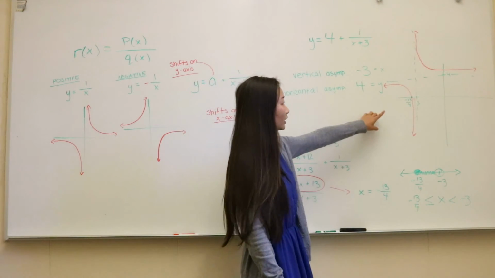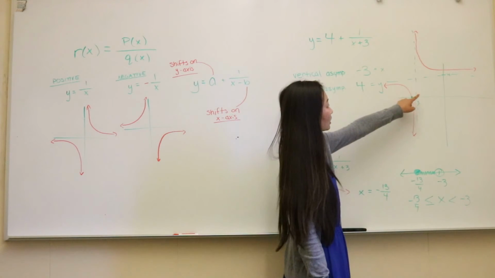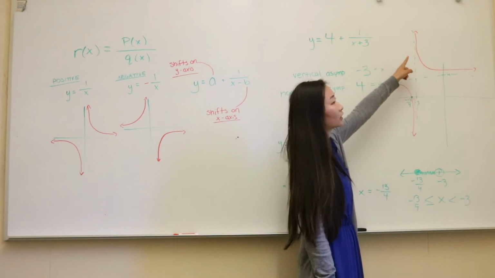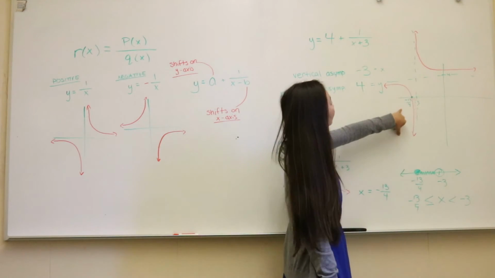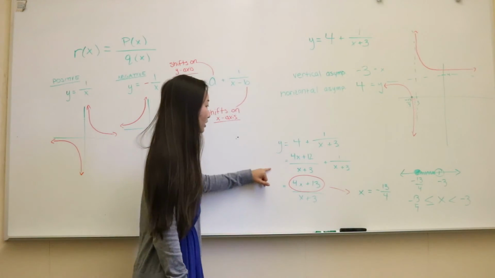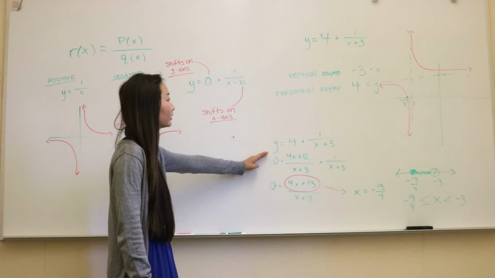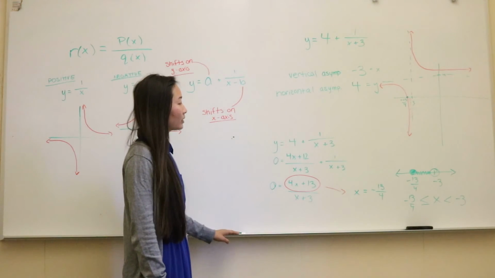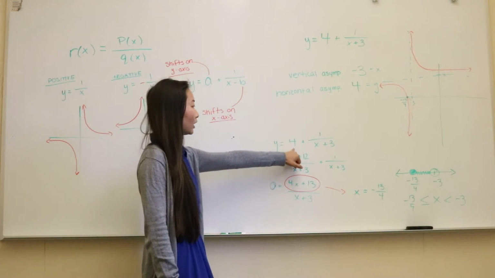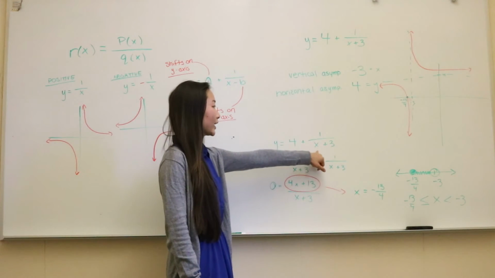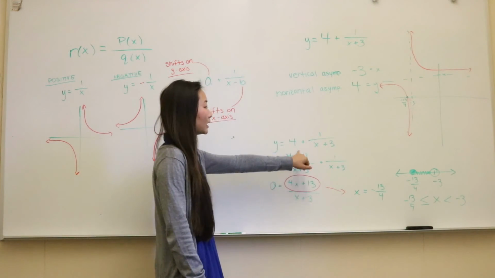And then if we go over here to put down the asymptotes, it will show where our curves will not touch. And after that, we're setting the equation to 0 to find our x-intercept. To do that, we need 4 plus 1 over (x plus 3) equals 0. But we need like terms.